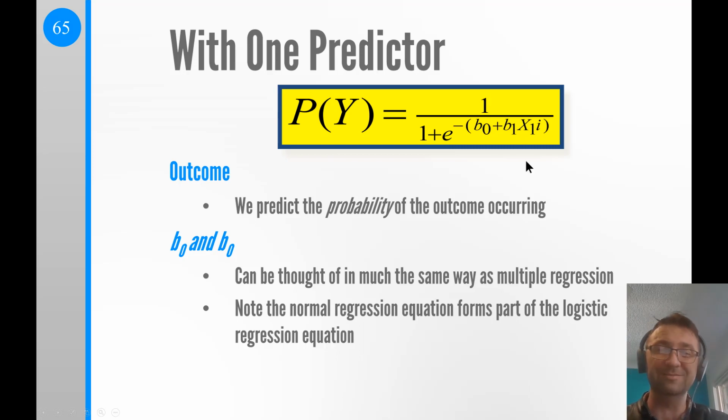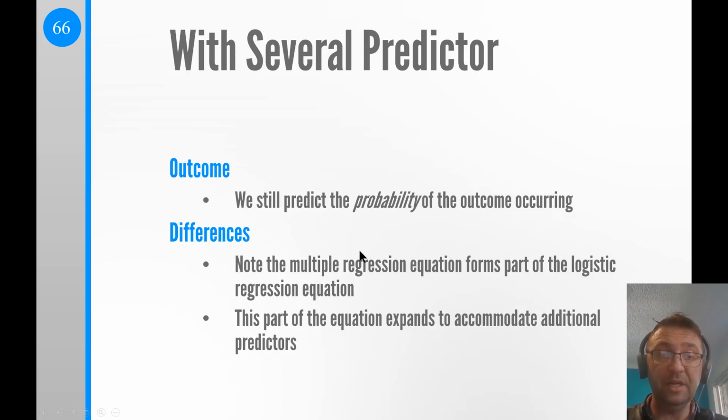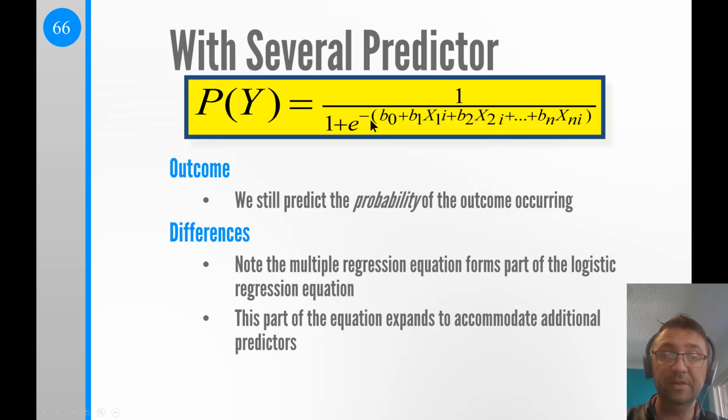And it turns out that really, ultimately, this is just a linear model with a bit of complicated maths doing some conversions, transforming your binary outcome. But anyway, you can think of them very similarly. This is how it becomes when you have multiple predictors.